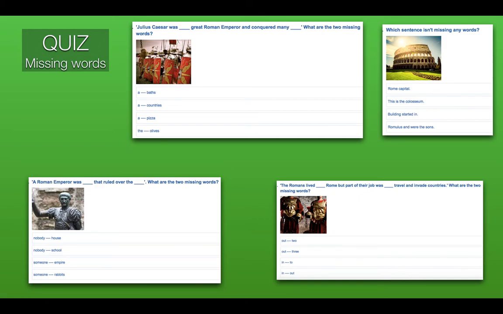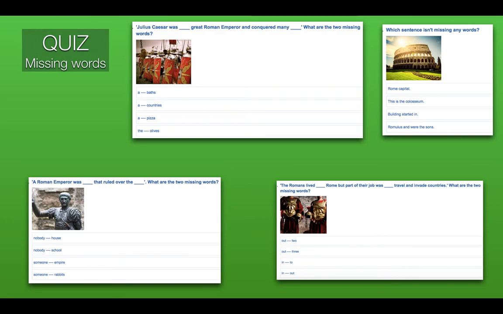The Romans lived Rome, but part of their job was travel and invade countries. So we're looking for the word in for sure, so it could only be number 3 or 4. So the Romans lived in Rome, but part of their job was to travel and invade countries.